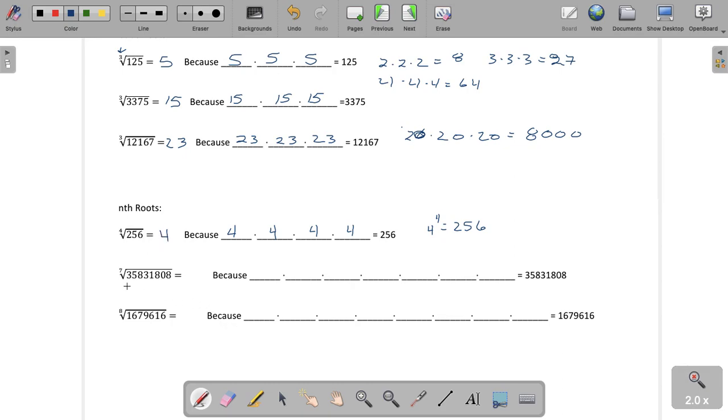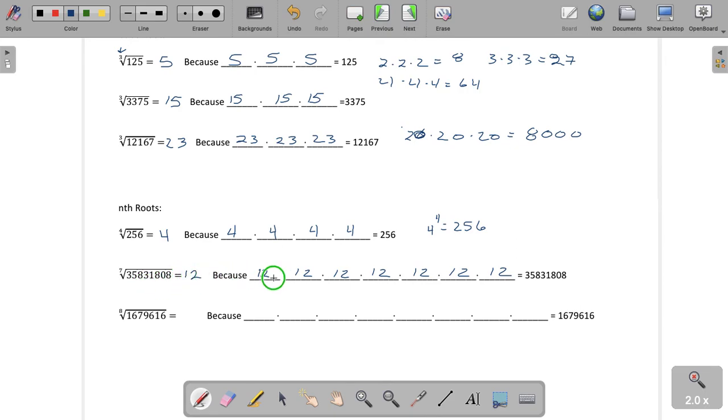Okay, this one's huge. I used a calculator for this one. I'm going to admit it. There's ways to punch those in. You just have to understand something about exponents. You're never going to see something like that in this math class. But it turns out that the answer is 12. 12 multiplied by itself 7 times is 35,831,808.